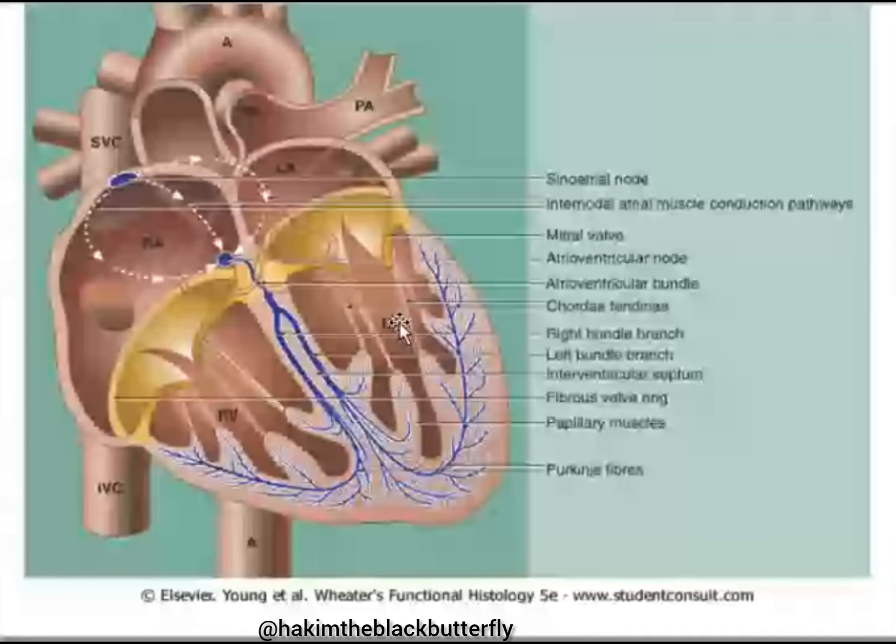And at that time, the ventricles are relaxed and they have expanded to increase the cavity of the ventricles. The first blood which moves to the ventricles moves passively, and the remainder of the blood is pushed by the contraction of the atria into the ventricles.